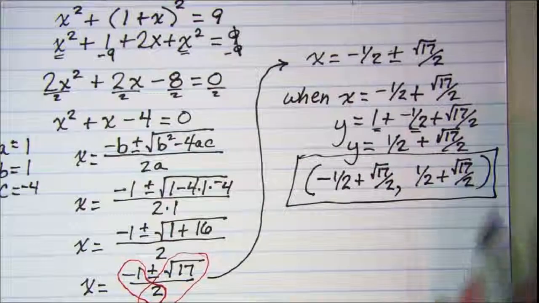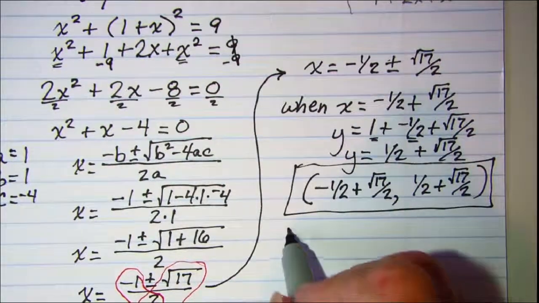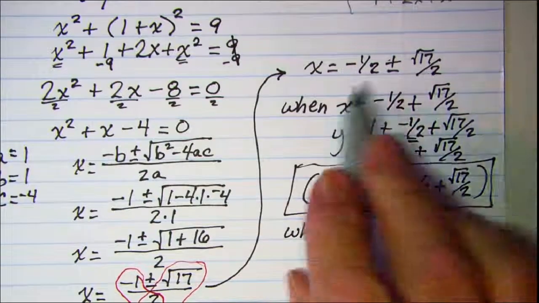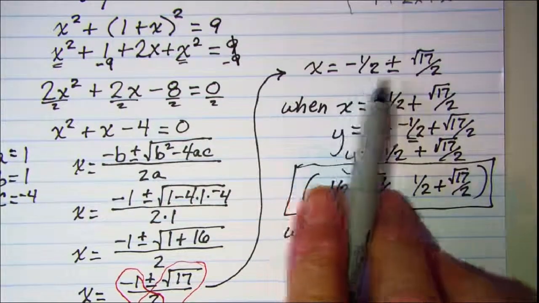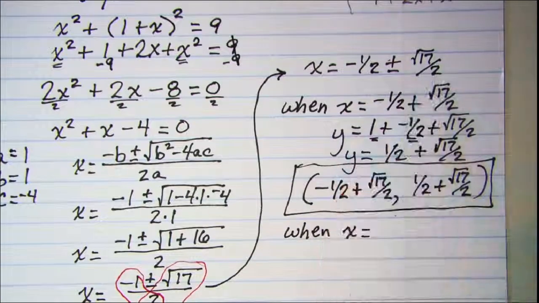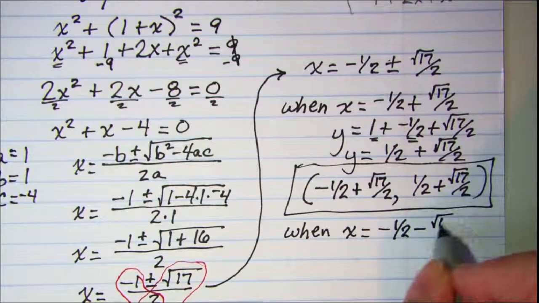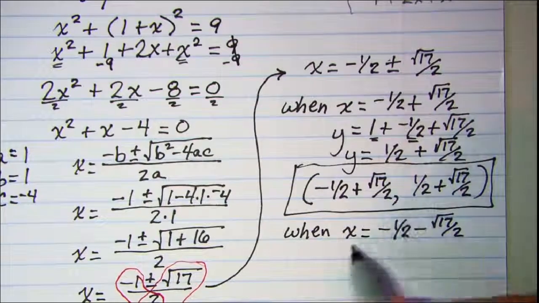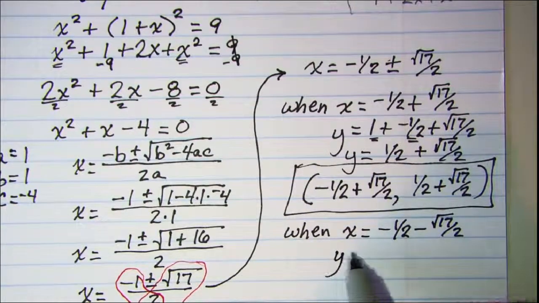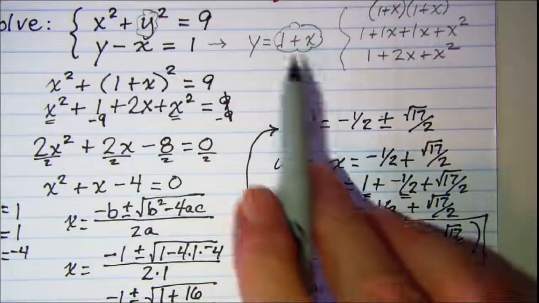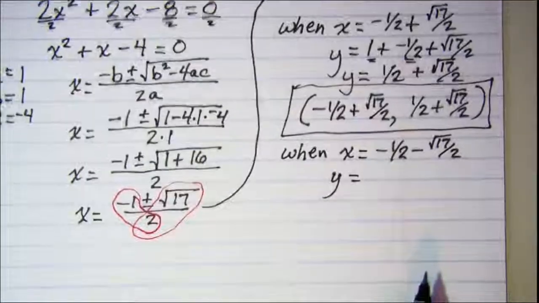Now when x is a negative 1/2 minus root 17 over 2, then I can sub that x value in. Y will be 1 plus that x value.